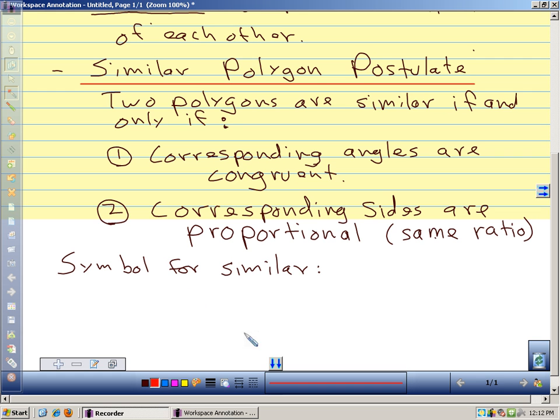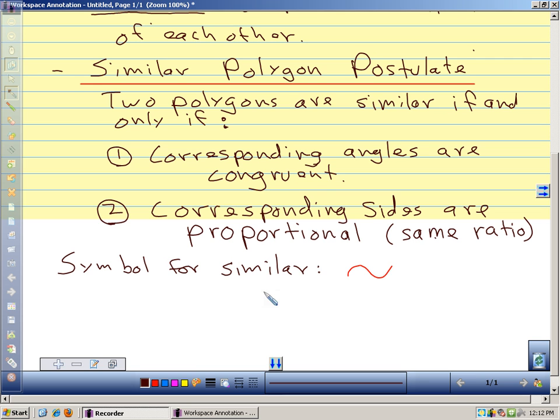I'll do that in red. So that's the symbol for similar. It's like our symbol for congruent was this squiggle over an equal sign. So we just leave out the equal sign, and that tells us that things are similar.